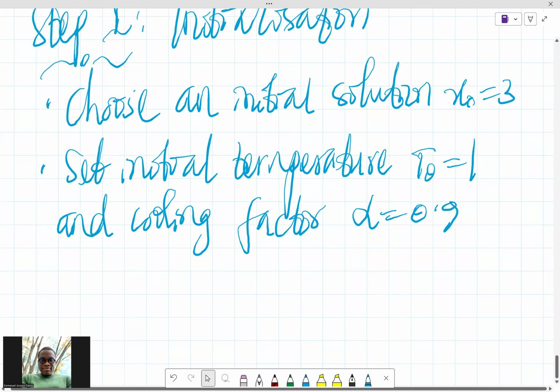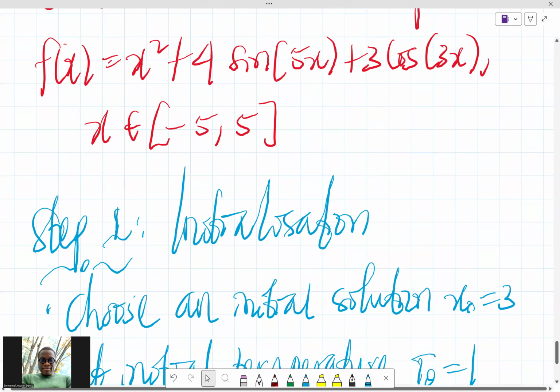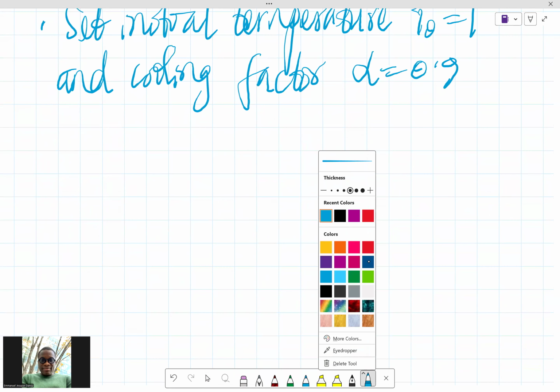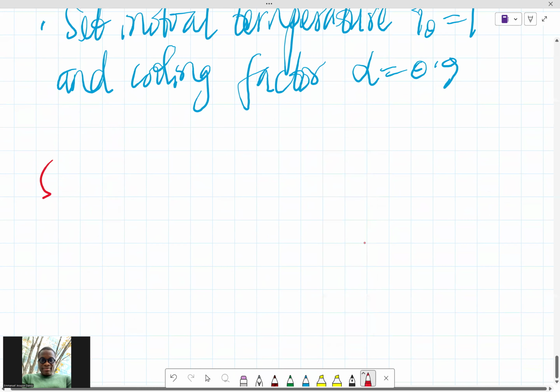The next thing we want to do is the iterative search. Step 2, here we have the iterative search.